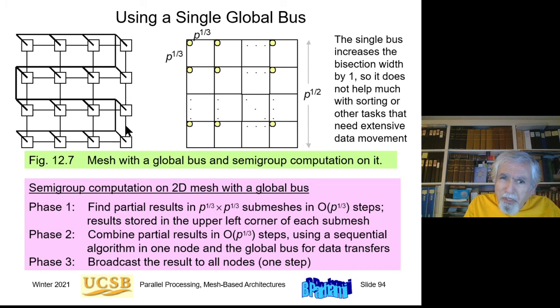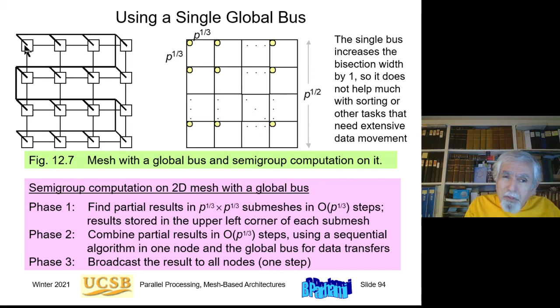Of course, if I want to connect all the processors together with a single bus, the number of processors cannot be too large. But let's ignore that for a minute. So a bus can carry 1 message at a given time, okay? So if this corner processor there wants to send a message to this corner, it can do it over the bus, and it gets there much faster than if we use the regular mesh connections, okay?